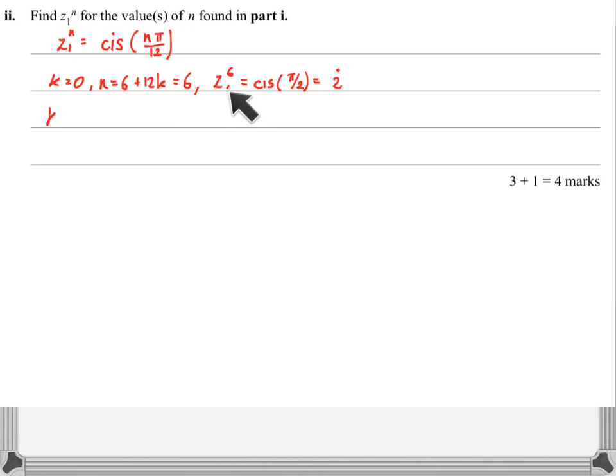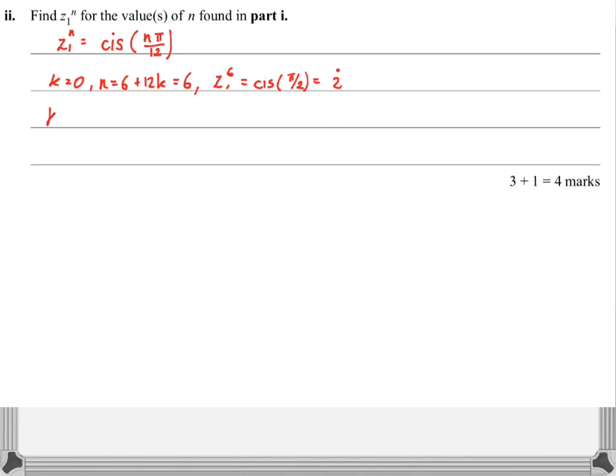So the first one is working out z1 to the power of 6. Substitute that into the cis function, and that's cis of pi on 2. Remember, cis is cos of the angle plus i times sine of the angle. Cos of pi on 2 is 0, and sine of pi on 2 is 1. So 1 times i gives you your i.